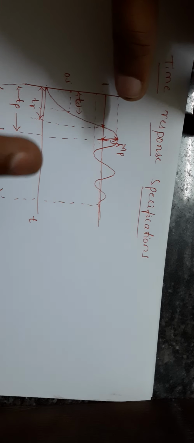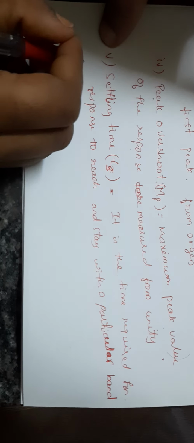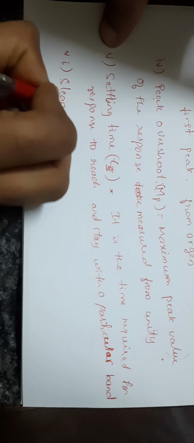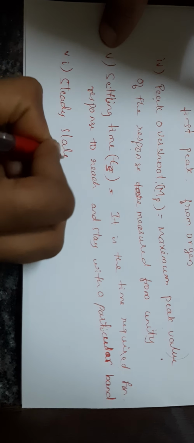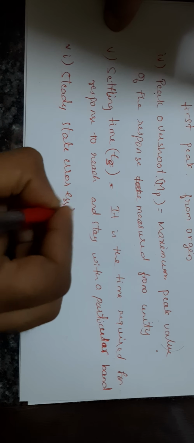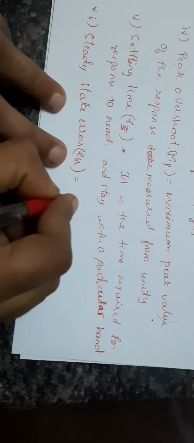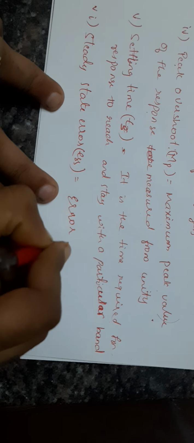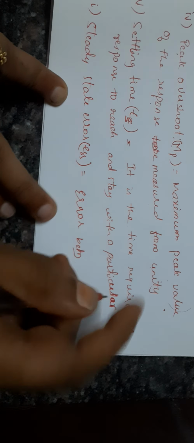Next we will see the steady state error, that is Ess. It is the error between the actual output and the desired output.